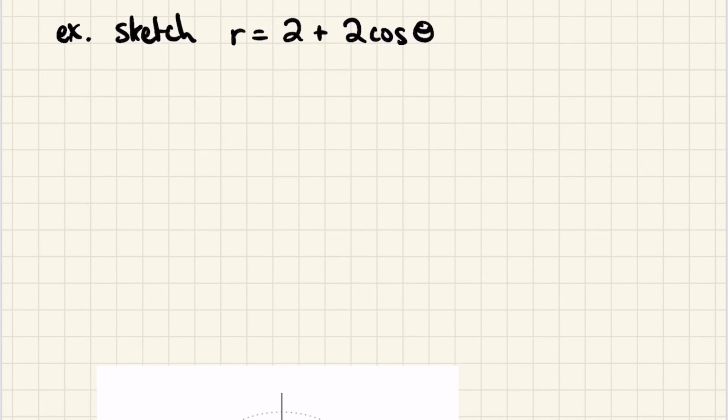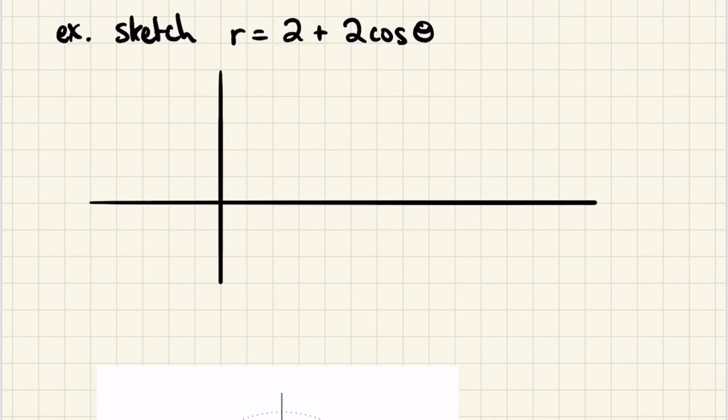Another thing that we're going to do is, before we sketch it on our polar graph, we're going to sketch it on a set of r theta axes, which means that we're going to give this like a traditional sketch, as if this were trigonometry class, okay?